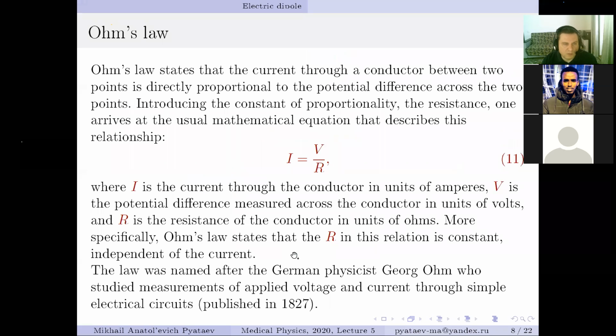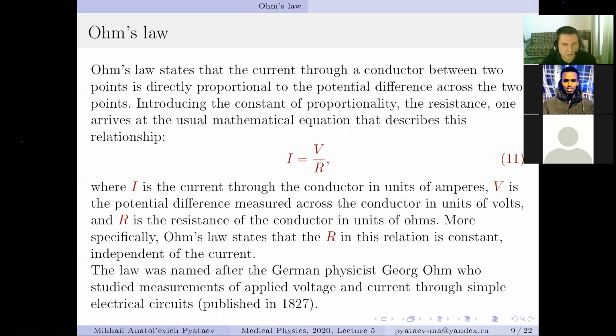One more important thing concerning electricity is the equation which relates the potential difference and current. The current is the phenomenon of transmission of charge inside some types of materials which are called conductors.